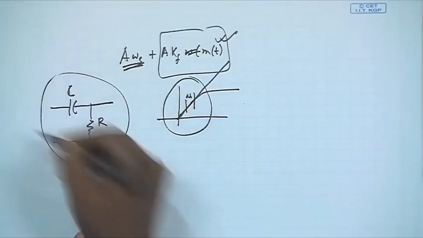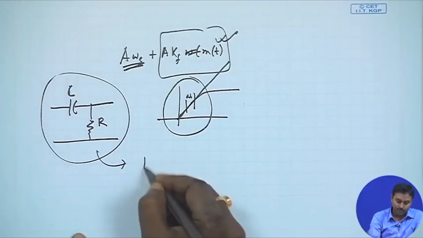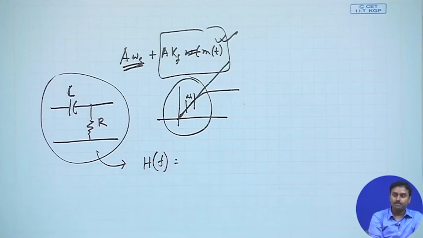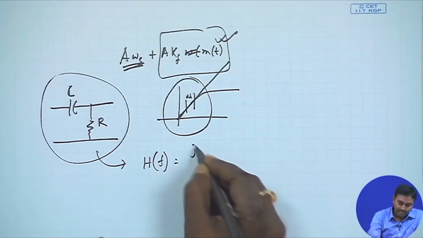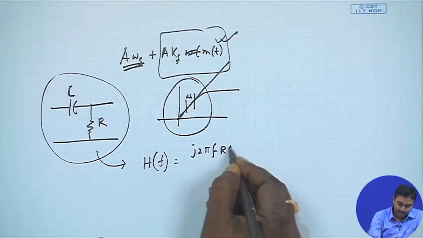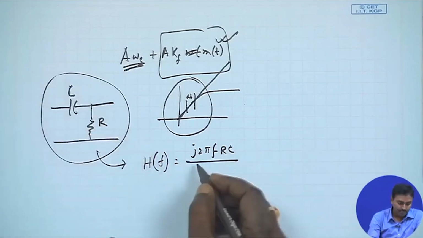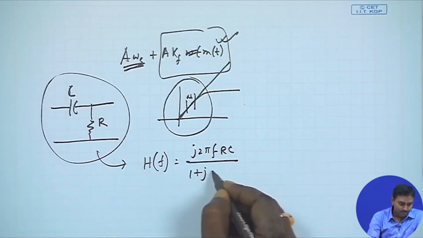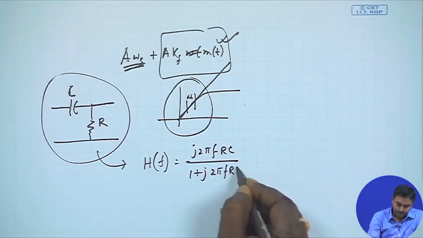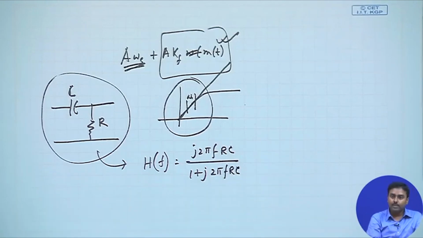So, let us see what the transfer function of this particular filter is. It should be j 2 pi f RC over 1 plus j 2 pi f RC, if you put it accordingly. H(f) will be just this.